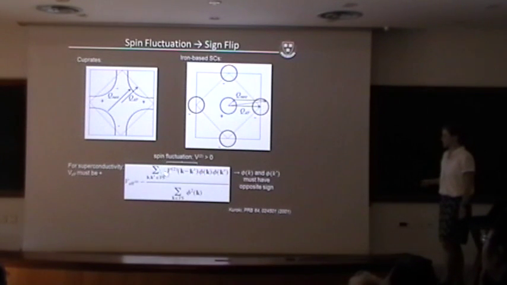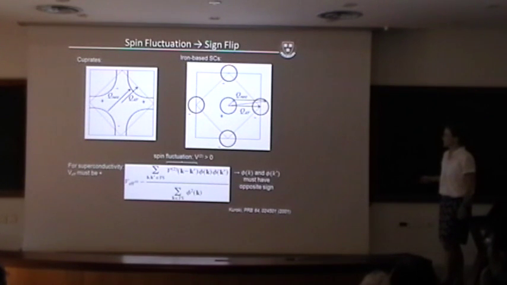And this is the sum of the interaction times the 2 order parameters of the 2 participants in the pairing. So if the spin fluctuation is a positive interaction here, then these 2 must have opposite sign in order to drive the overall interaction positive and allow for superconductivity.